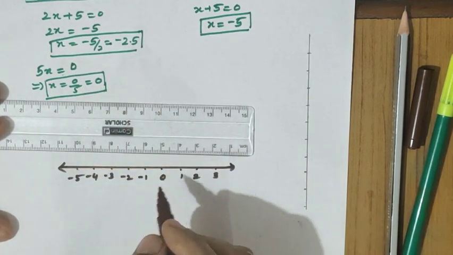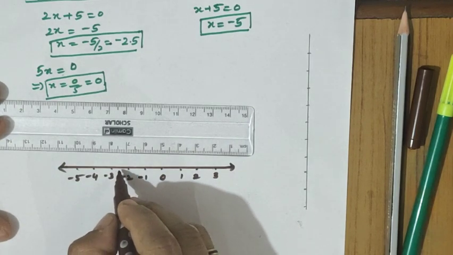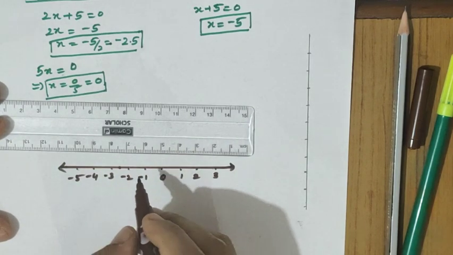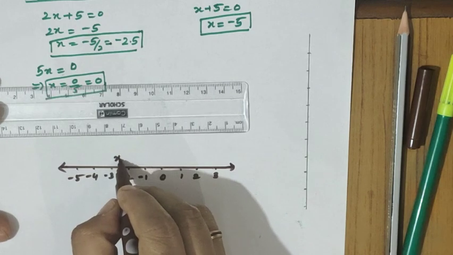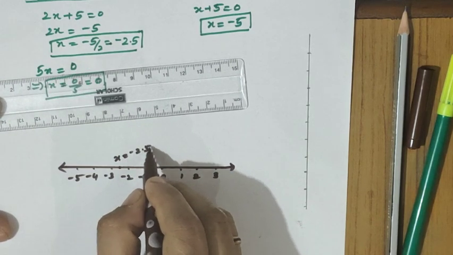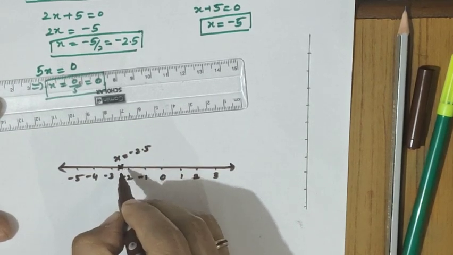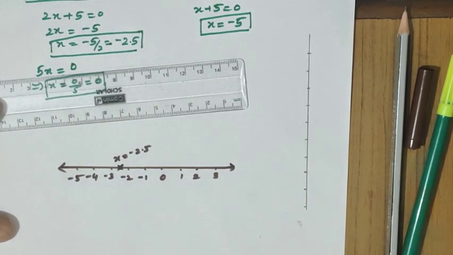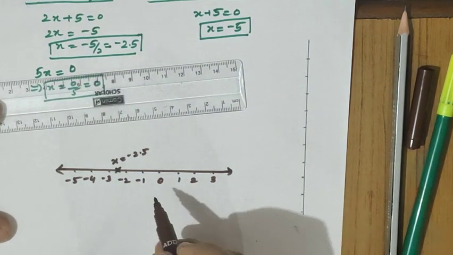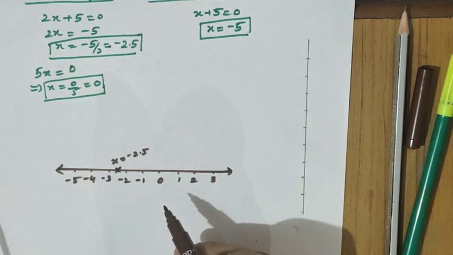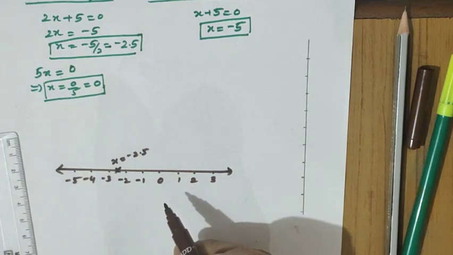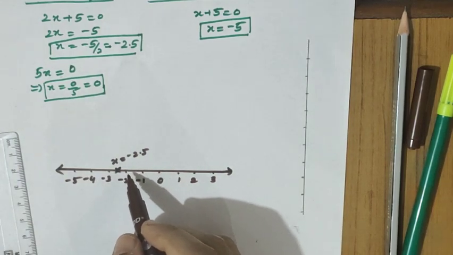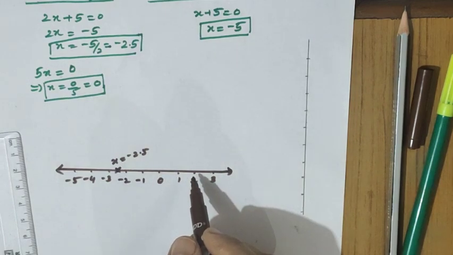So now minus 2.5 is there. Minus 2.5 means somewhere in the middle it will come here. I'll write x equal to minus 2.5 and I'll put a mark here in between minus 2 and minus 3, right? So we have represented it on the number line. Since there is only one solution, we will get only one answer. So that is how to represent this linear equation.